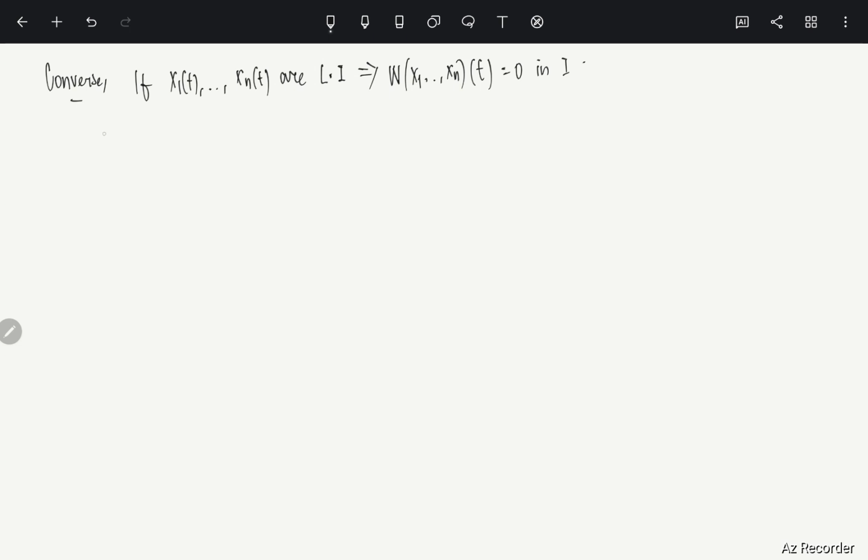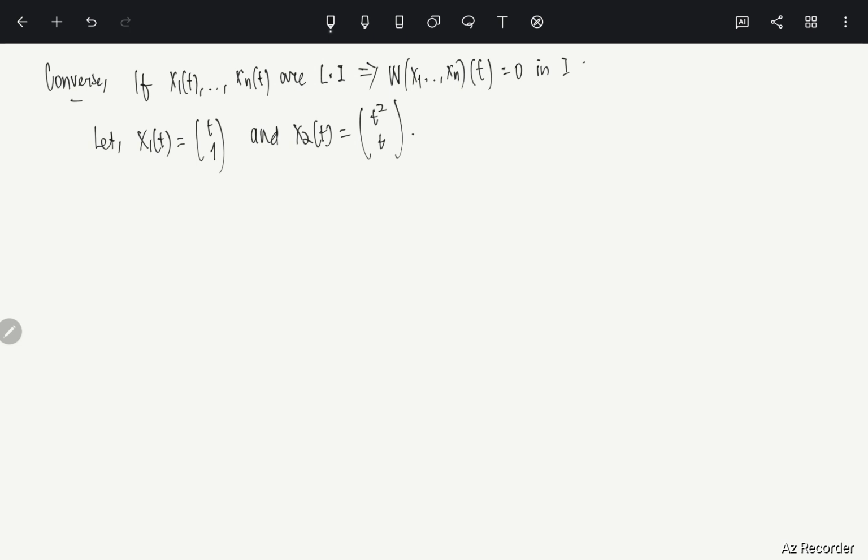So basically, let x1 of t be (t, 1) and x2 of t be (t square, t). Clear? Now, it is definitely not difficult to see that x2 of t is t times x1 of t, and definitely that is not linearly dependent.